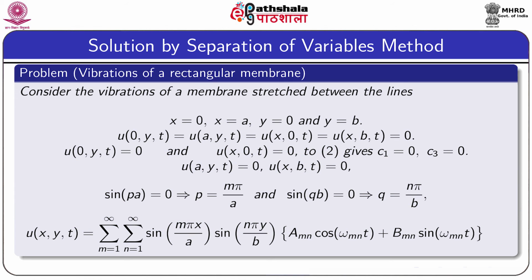This implies pa must be equal to m pi, where m is some integer, or in other words we can say that p equals m pi by a, and the condition u at y equals b equal to 0 gives sin qb equals 0, which implies qb must be equal to n pi, where n is some integer. So, this gives q equals n pi by b.